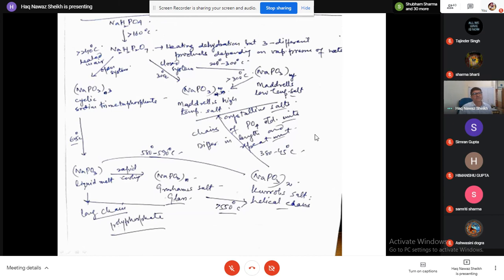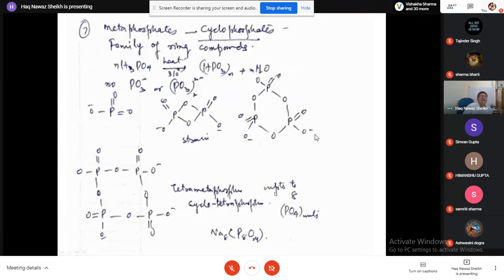When the liquid melt is not cooled suddenly, but heated to 580 to 590, it gets converted into this Kurrol's salt. Graham's salt also, when heated to more than 550, gets converted into helical Kurrol's salt. And this Kurrol's salt can be converted into Maddrell's high temperature salt by heating at 380 to 450 degrees.